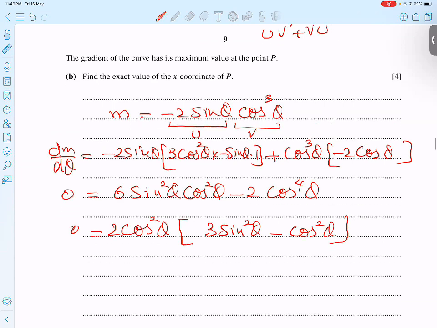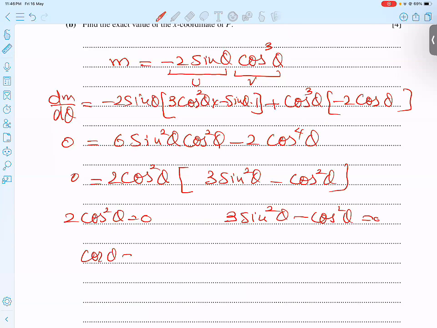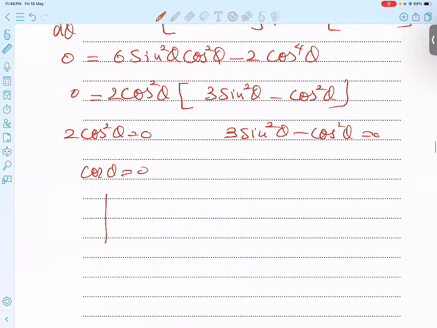Now, when you reach here, either this part equals 0 or this part equals 0. So one by one, I take it. When I take this 2 down, I take the root of both sides. So I got cos theta is equal to 0. Basically, cos 0 is along the x-axis.